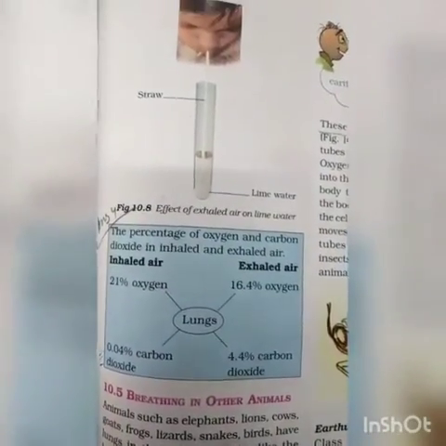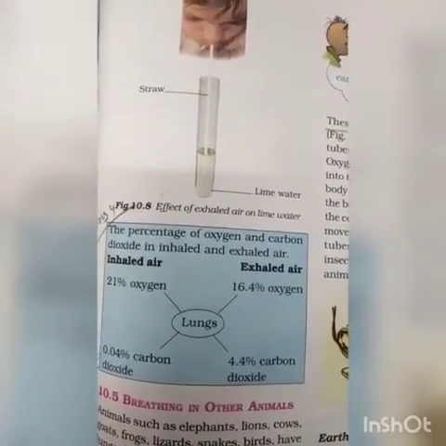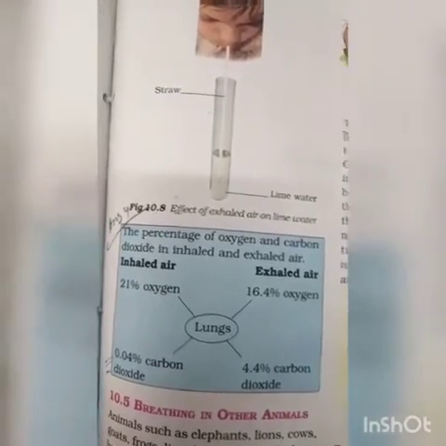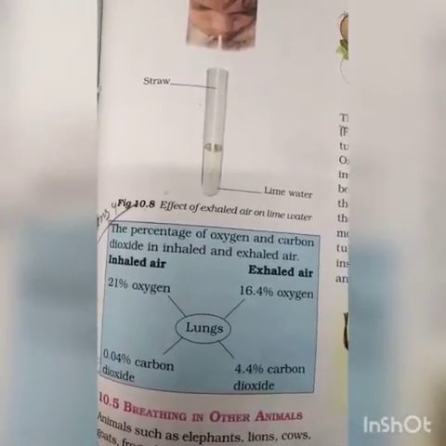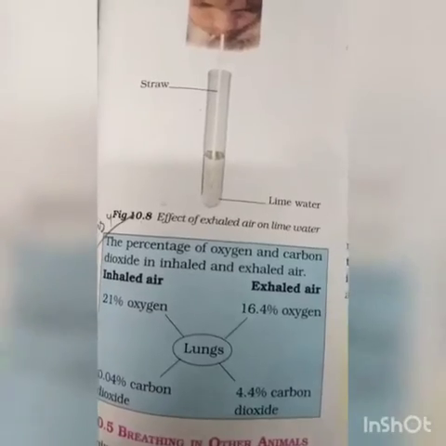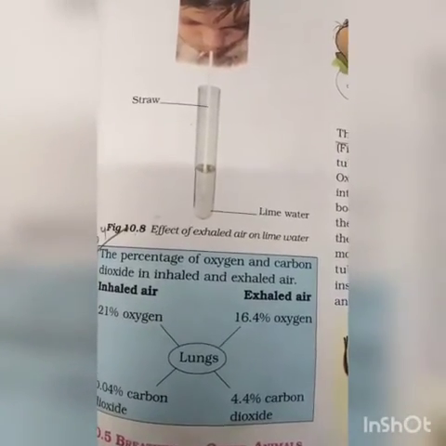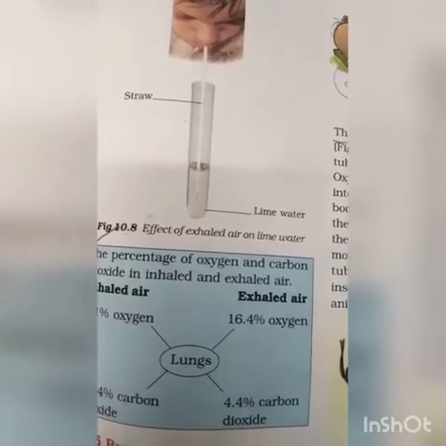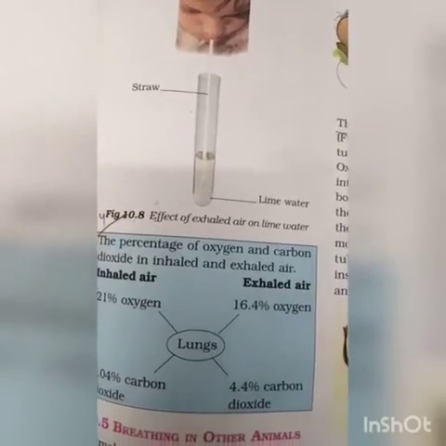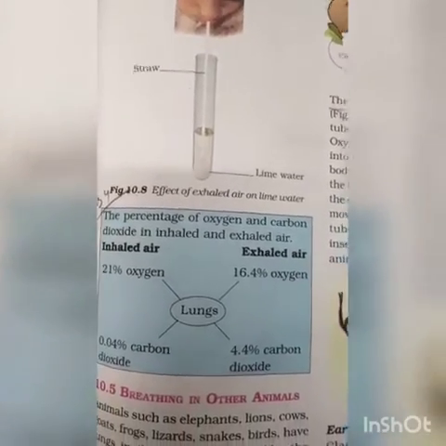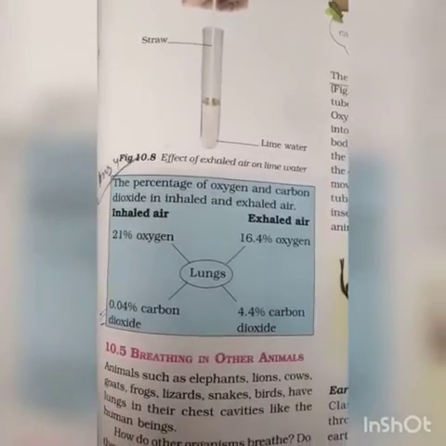And you know student that if we exhale air into lime water, it turns milky, because the gas we exhale contains carbon dioxide, and when carbon dioxide reacts with lime water, it turns milky due to the formation of calcium carbonate.